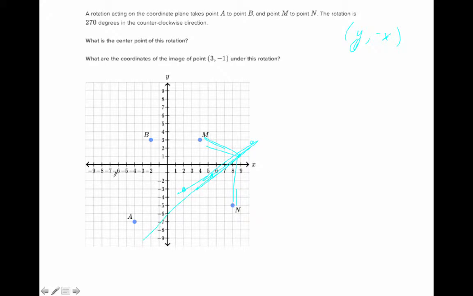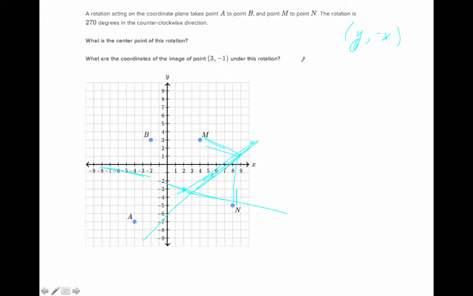And between A and B, there's going to be a similar line. Wherever those intersect, that's going to be the center. So you can try to eyeball it, or if you really want to know, it goes back to the same thing that I was doing before.